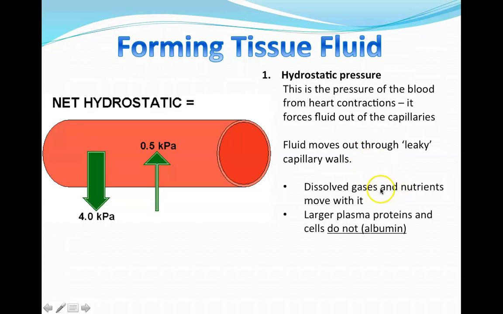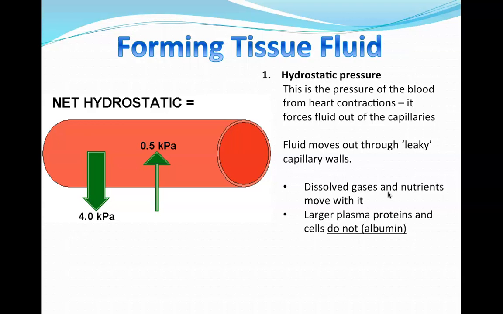So dissolved gases and nutrients move with it, i.e. oxygen from arteries or arterioles is going to go into capillaries. Oxygen leaves the capillary and goes into the tissue, and that's because of the heartbeat. That's because of hydrostatic pressure forcing it out of the arteries.